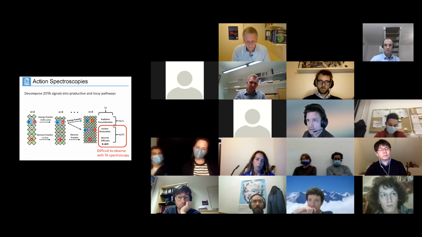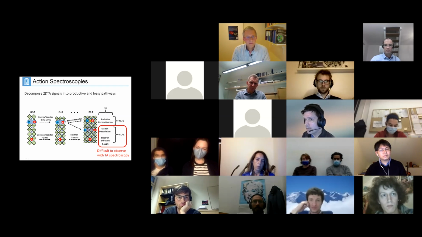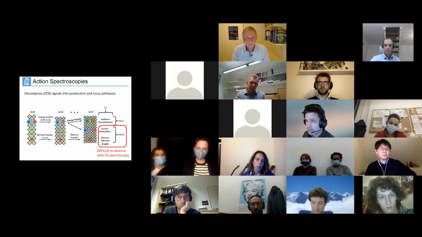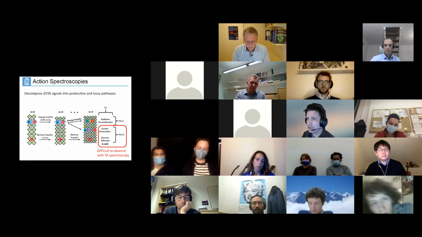So this slide also addresses the motivation. In transient absorption, we're seeing everything, right? Every species weighted by its concentration and extinction coefficient. So there are some things that are hidden, but by measuring fluorescence, which we will detect in the near infrared, that'll be emission from the largest quantum wells.